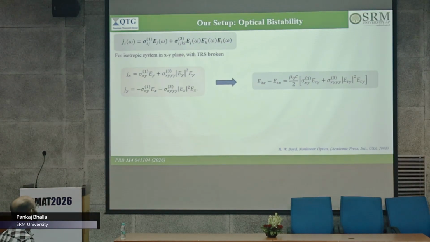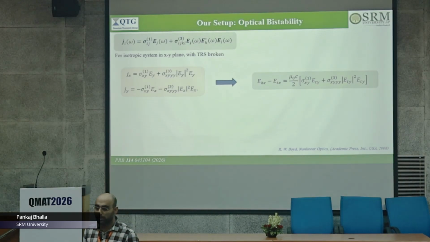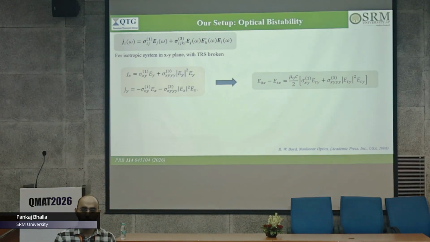Going further, for the current relation in an isotropic, time-reversal symmetric system, we are mainly focused on time reversal because we want to look at the Berry curvature induced part. So we have only focused on certain response tensor components.